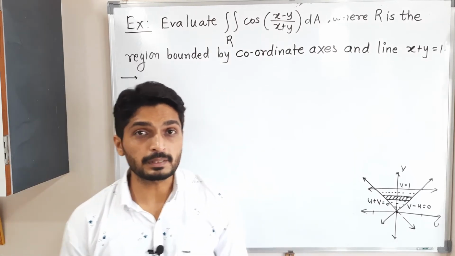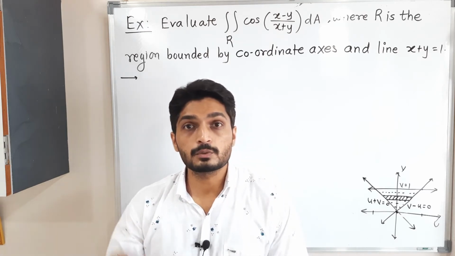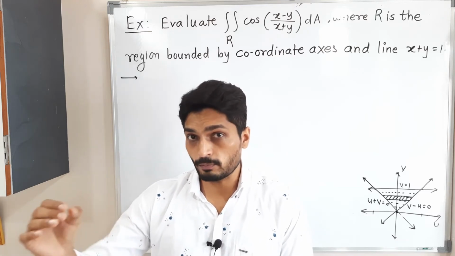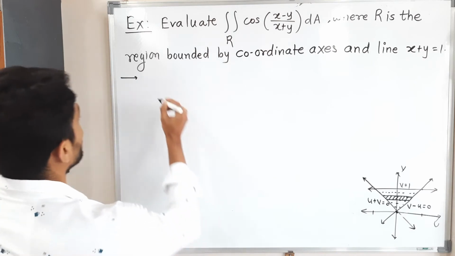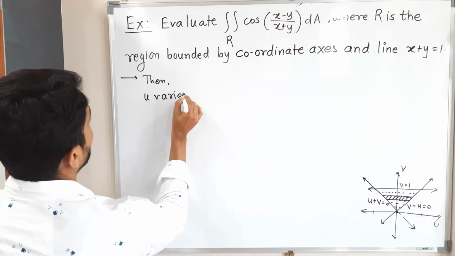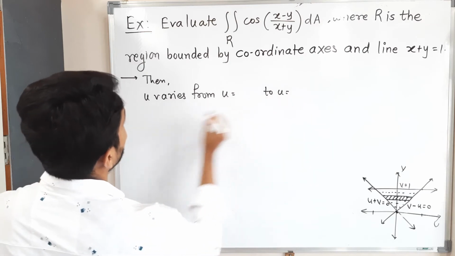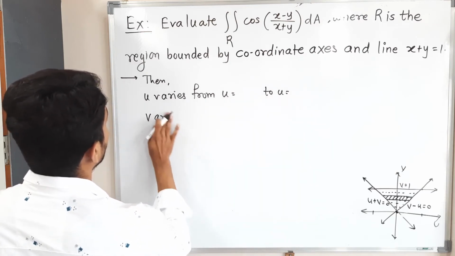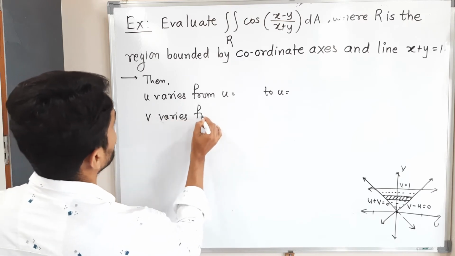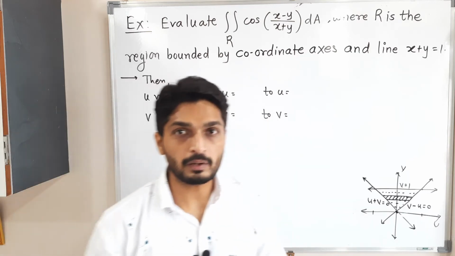Here our strip is parallel to the u axis, so it is a horizontal strip. So we will write u varies from ... to ..., after that v varies from ... to ... Okay, so let us do that. u varies from u is equal to ..., and then v varies from v is equal to ... You remember our funda?